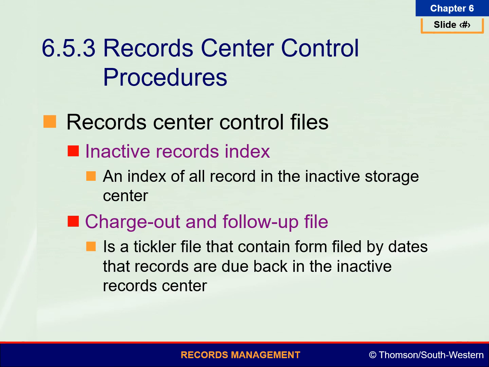Okay, so it is a particular file that contain form file by dates that record are due back in inactive record center. Okay, charge out and follow up file ni adalah file yang contain form yang orang request the record to be borrowed. Okay, itu adalah charge out follow up file lah, sama macam macam yang korang belajar yang manual charge out semua tu.